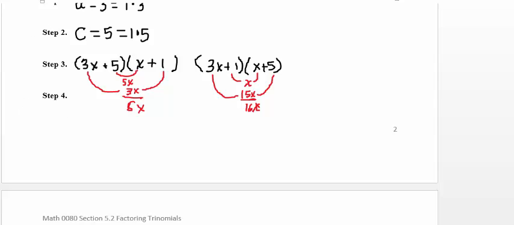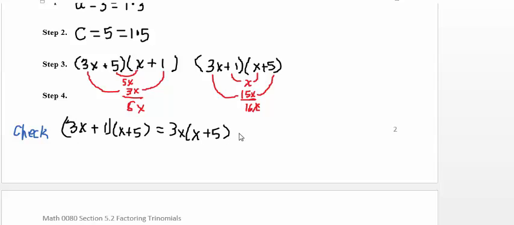So it turns out my factorization is 3x plus 1, let's check this, times x plus 5. So let's use the distributive property twice. 3x times x plus 5 plus 1 times x plus 5 is 3x squared plus 15x plus x plus 5.